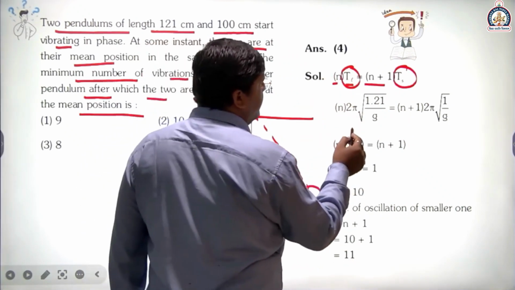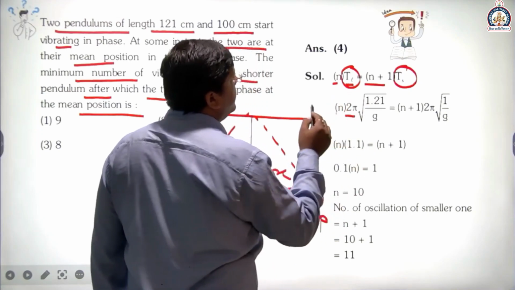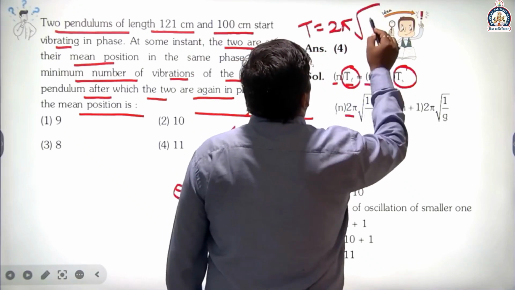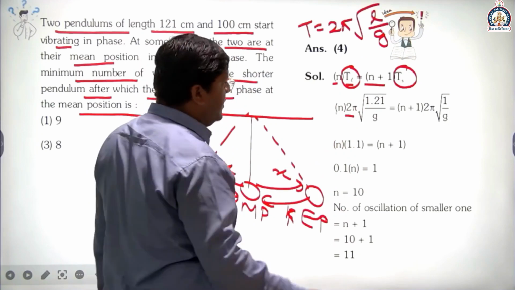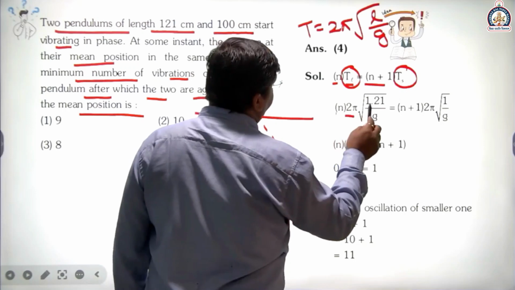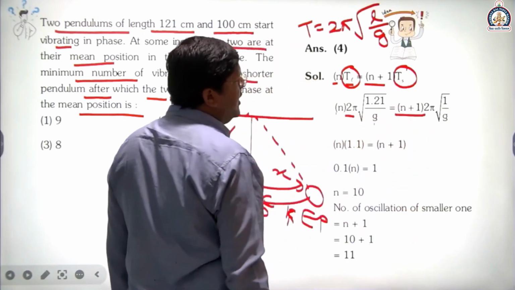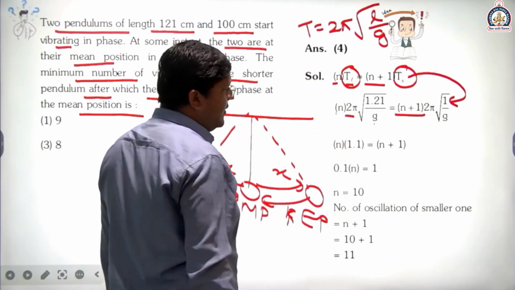Because we know for a simple pendulum, the time period is given by 2 pi root L upon g. So putting the same formula for shorter and longer, we get TL is equal to 2 pi root of 1.21 meter upon g, and for the shorter, 2 pi root L upon g, because for the shorter the length is 100 cm, that is equal to 1 meter.